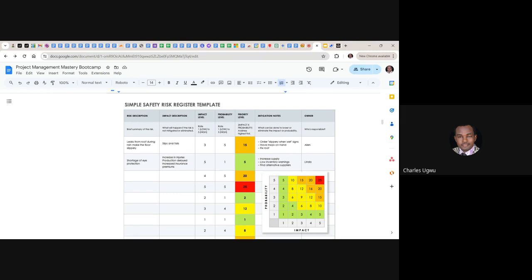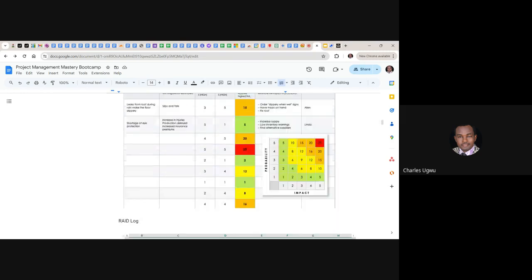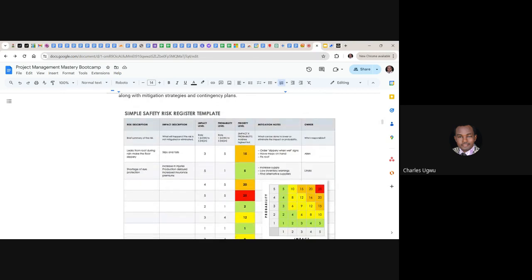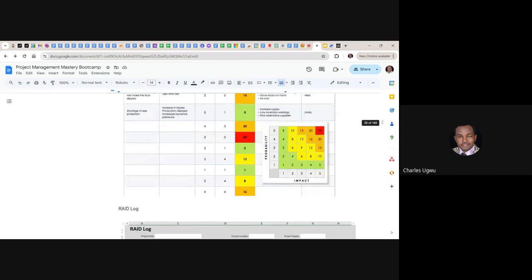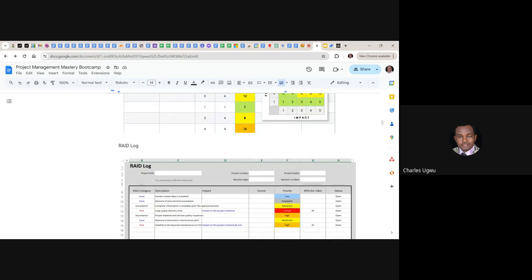We are going to deal with risk management as a technique in project management, but it's just good to have a good understanding of how every document works. So having seen a high-level overview of a risk register, we have other documents which I want us to still look at within risk management, and this is called the RAID log.